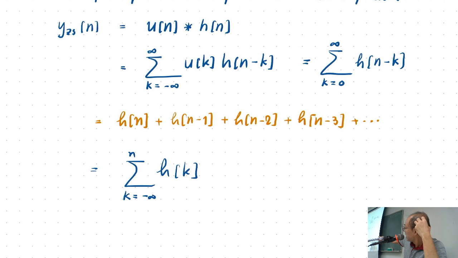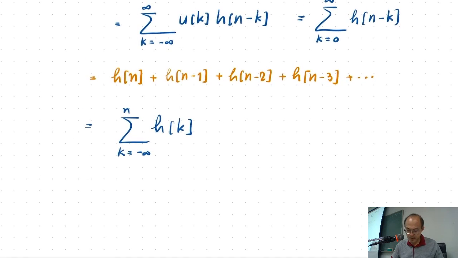Look at this and convince yourself that they are the same. Do you see that they are the same? This goes on until the index inside the brackets is minus infinity, so minus infinity up until n. So this summation and this summation are completely equivalent.